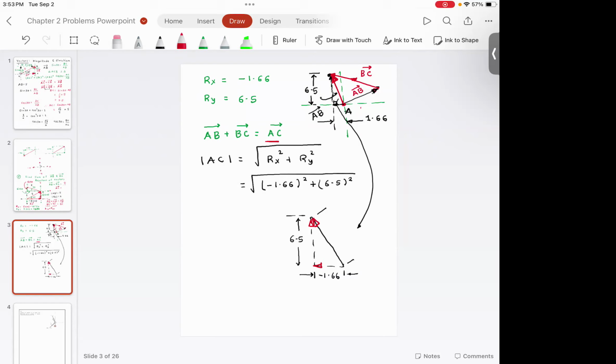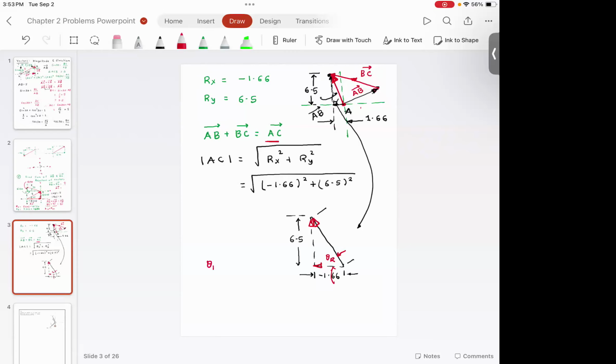The other question is, what is the angle made by the resultant? It means in what direction the resultant is. Since you know this distance, you know 6.5, you know 1.66, you can easily tell me that this angle is the angle made by the resultant, which is called theta r.